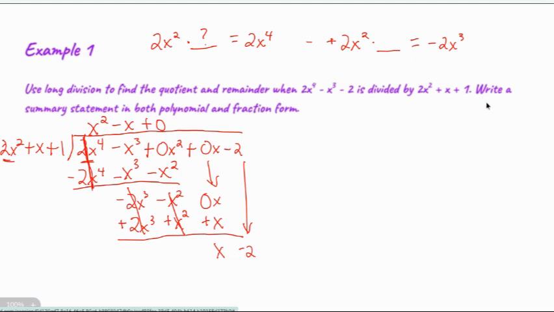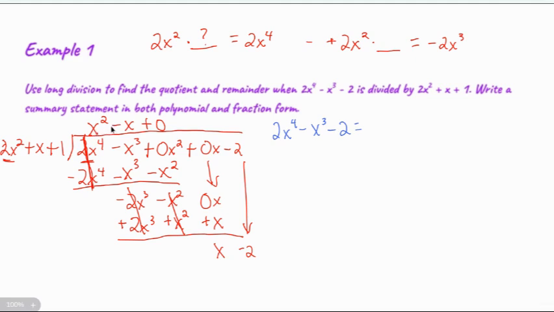So we're going to write our final answer. Write a summary statement in polynomial form. So polynomial form would be 2x to the fourth. Actually, let me change colors so it's not all blending together. 2x to the fourth minus x cubed minus 2. We can drop the missing terms now. That was just for computations.